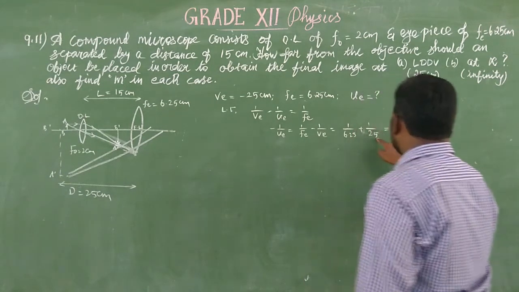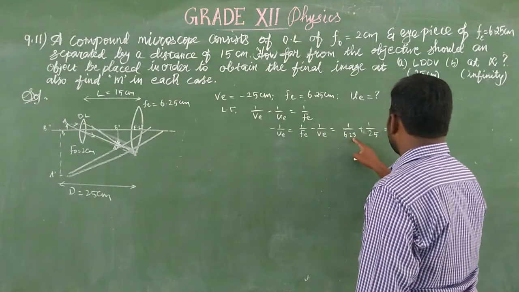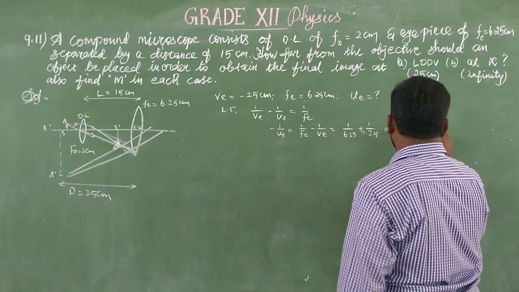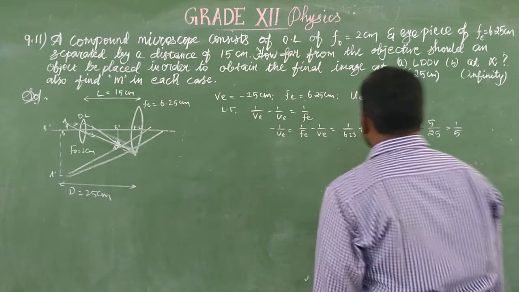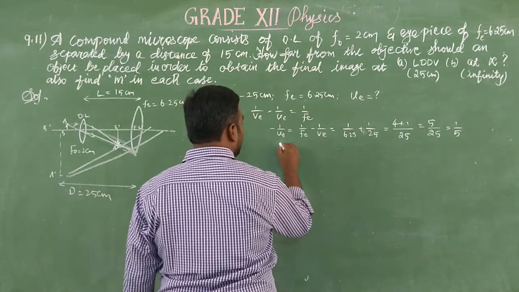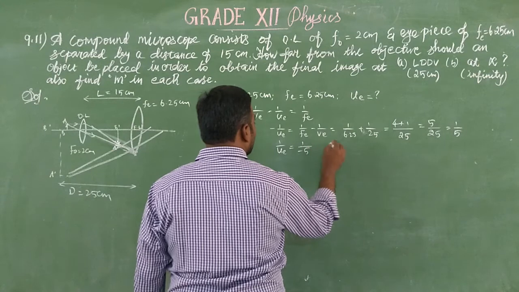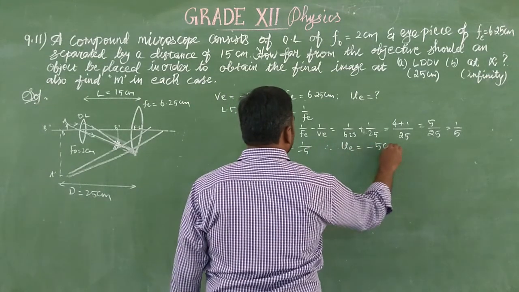So 4 plus 1 becomes 5 by 25, which is equal to 1 by 5. But the sign is negative. So minus 1 by UE is equal to 1 by 5, so 1 by UE is equal to 1 by minus 5. Therefore, the object distance is minus 5 cm.